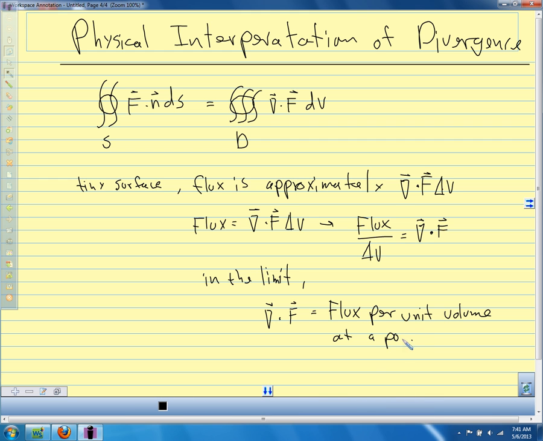So that's our physical interpretation of the divergence. The divergence tells us the flux per unit volume at a point. So if we're thinking of flux as being an outward flow, the divergence tells us the outward flow per unit volume at a point.